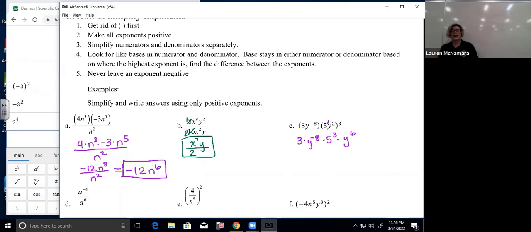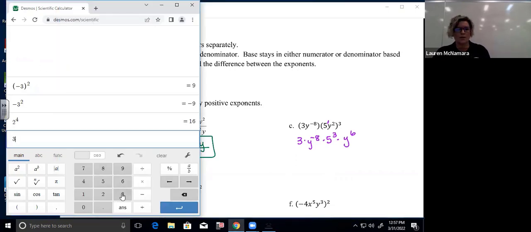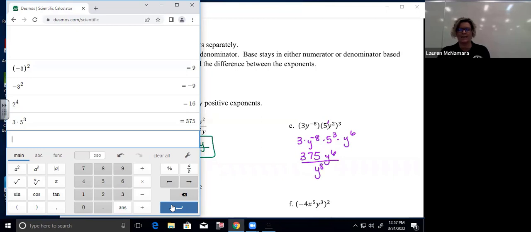So now, do I have any negative exponents? Yes. Can I go ahead and multiply that 3 times 5 to the third? Absolutely. So I'm going to go ahead and do it right here. 3 times 5 to the third. So I have 375. And then I have y to the 6th divided by y to the 8th.